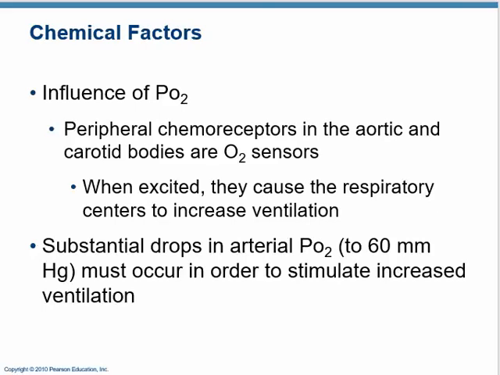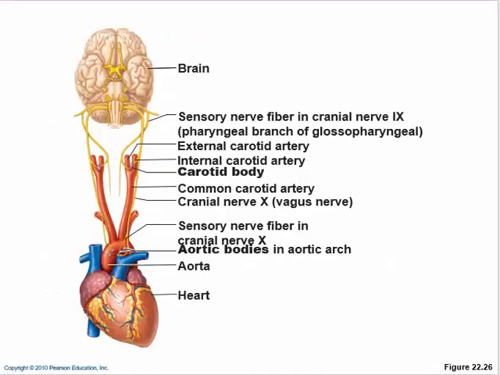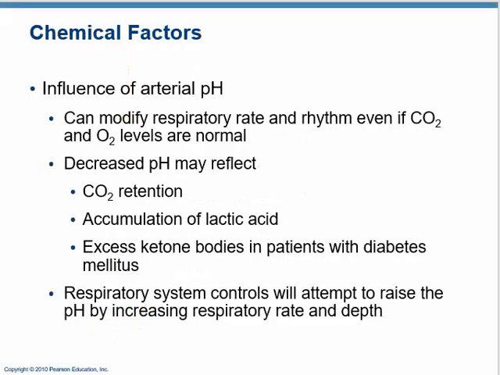So carbon dioxide is the much stronger thing. This is just a chart looking at the carotid bodies where this stuff all gets monitored. Arterial pH will change this, and when we do the acid-base unit, we will talk more about it.